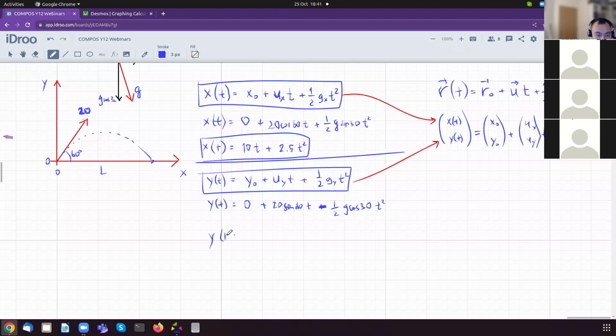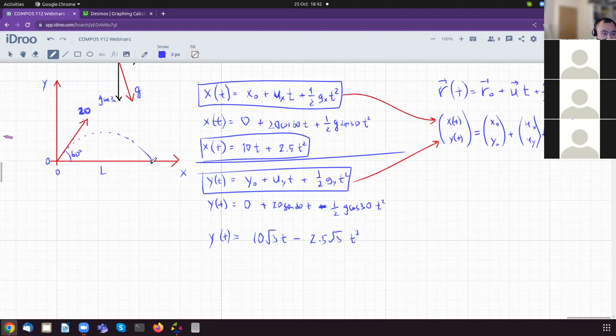So y of t is equal to 20 sine 60, so it's 10 square root of 3 t, minus 1/2 g cos 30. So g is 10, 10 over 2 is 5, 2.5 square root of 3 t squared.